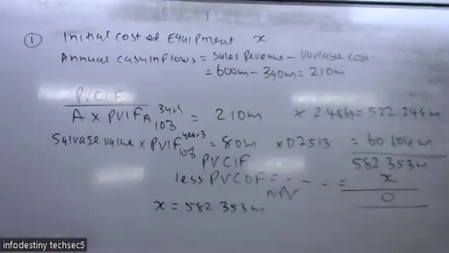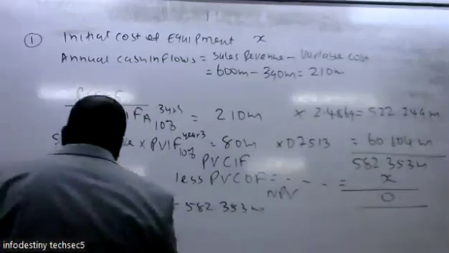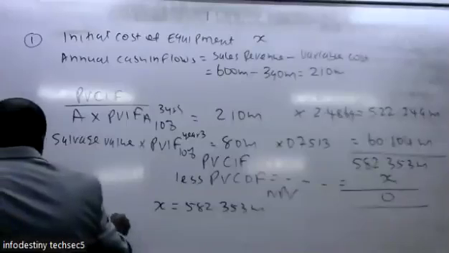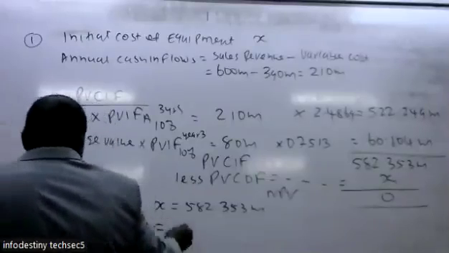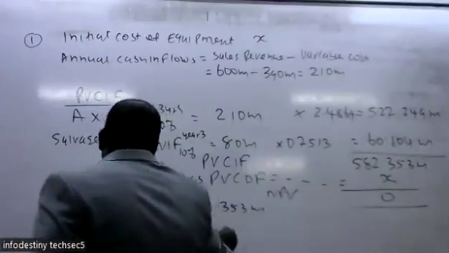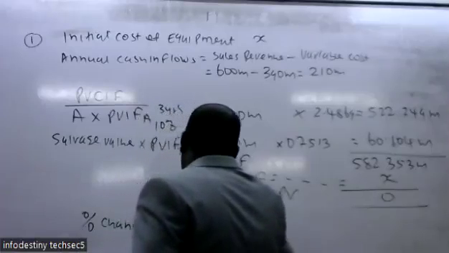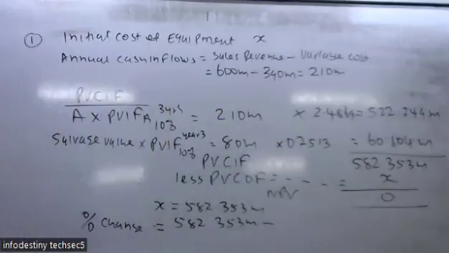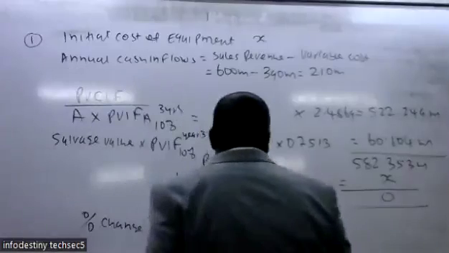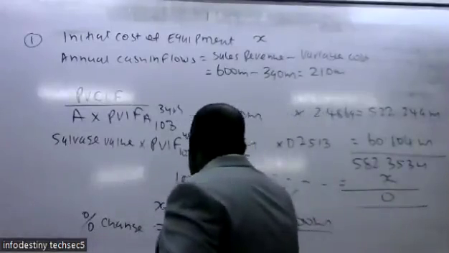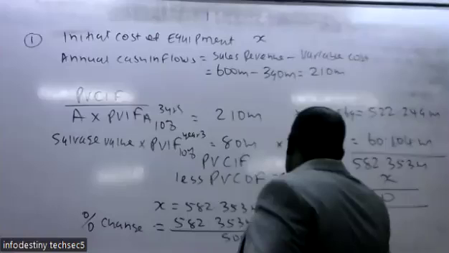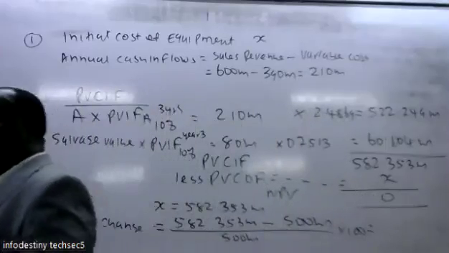So now we get the percentage change in that variable. We simply compute the percentage change in the variable. So you take 582.353 million minus the 500 million given in the question, and we also divide by 500 million.